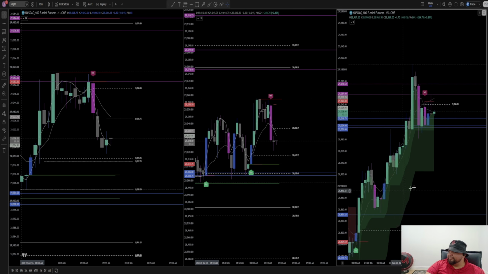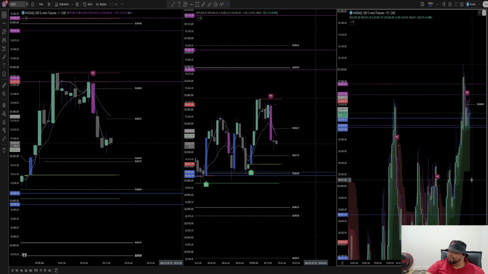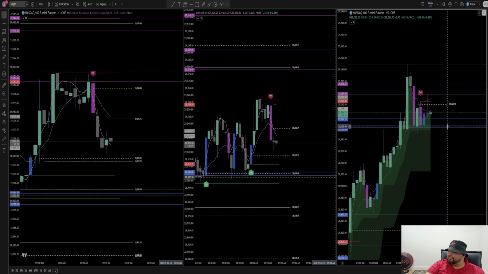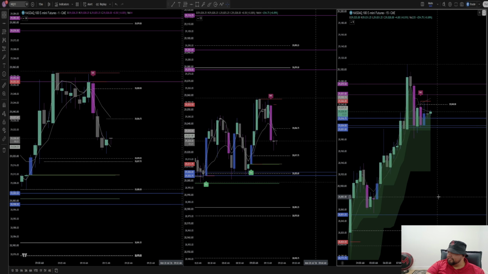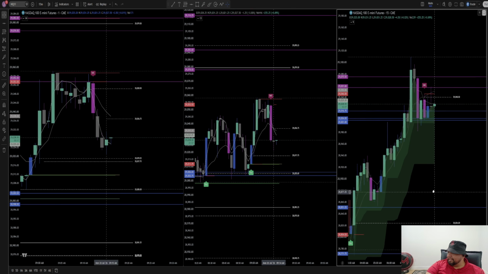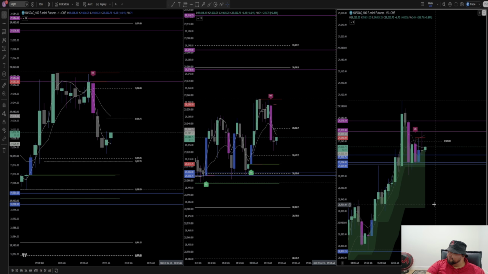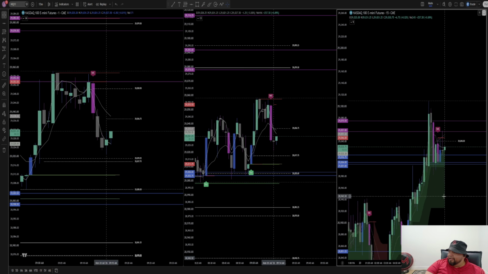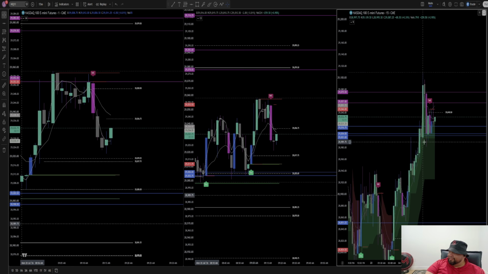So if we get this down move underneath that 29,000, break that 2980, we got room. If we can break that, then we got 28,926, then potentially 28,780 all the way down here. But it is uptrending, very steep uptrend.